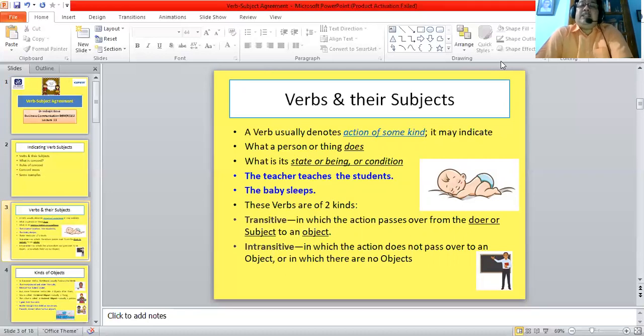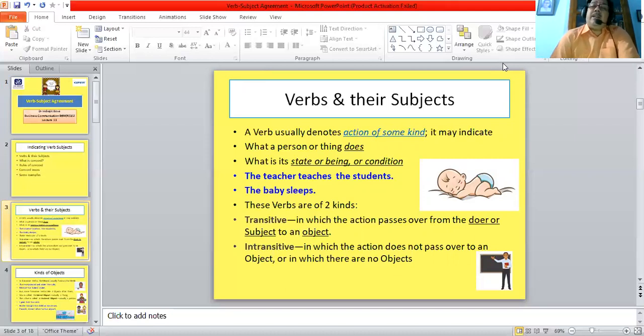Now the teacher teaches the students. That indicates the action that is being done. The teacher is teaching the students. The baby sleeps, however, just indicates a state or being.